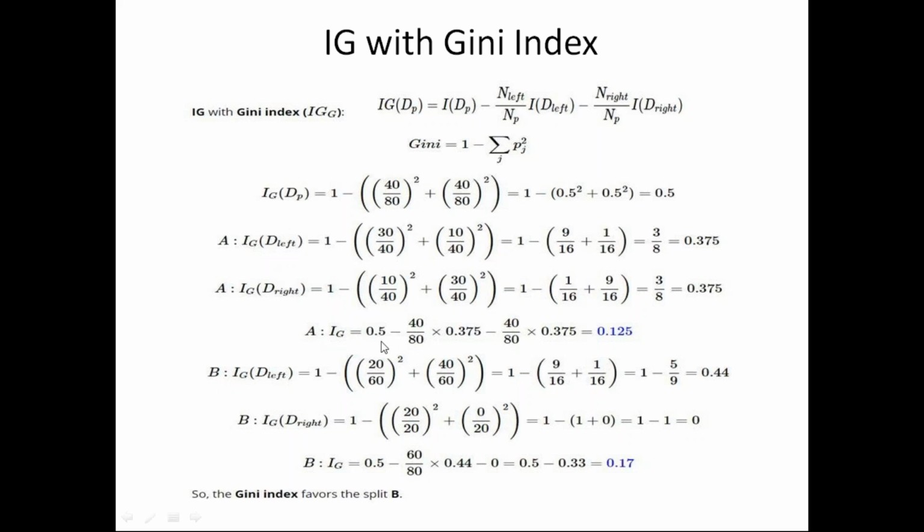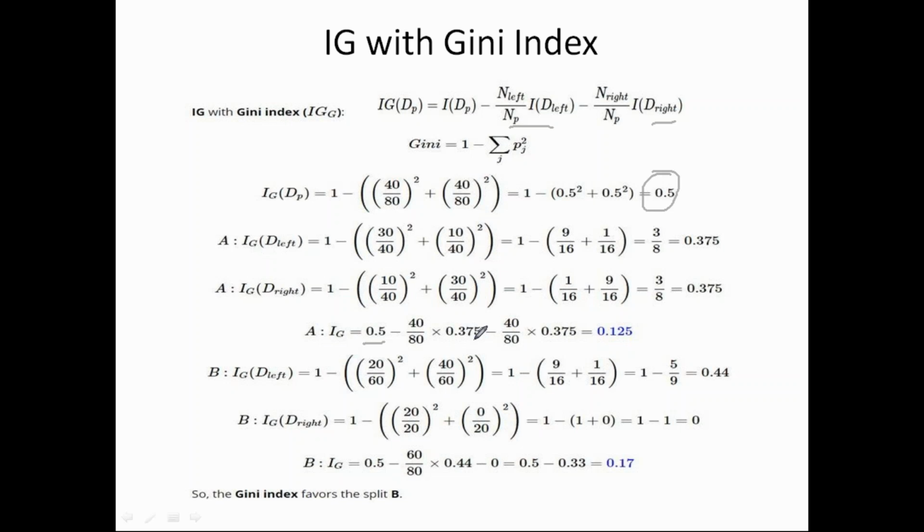Then fit these things into this formula of information gain. So what it is saying: information gain of parent 0.5, this one, minus the information gain of left and right.